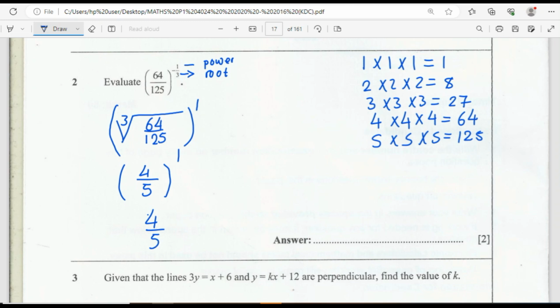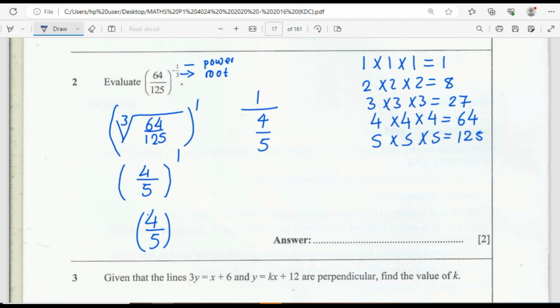Now, remember, there was that negative that we ignored at first. So after you are done evaluating without the negative, then whatever you found, you need to make it a fraction. So this becomes 1 over 4 over 5. So this is what you do.